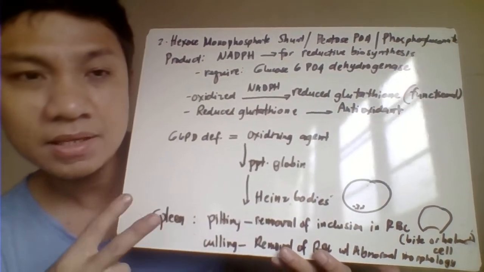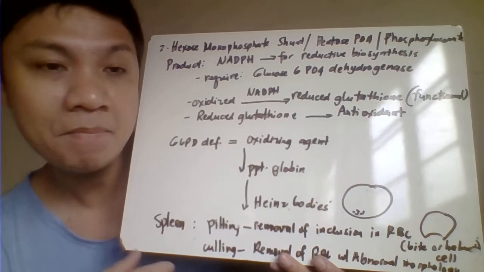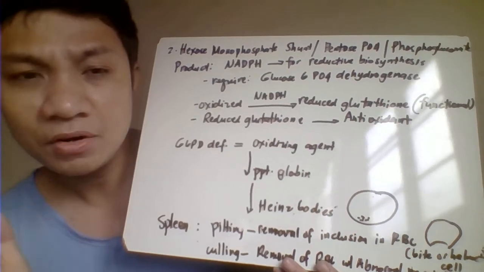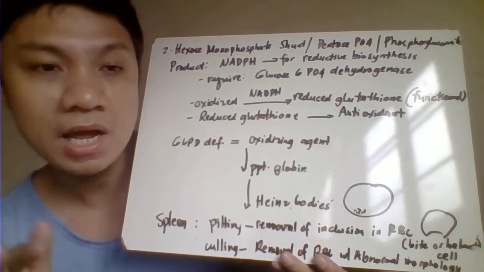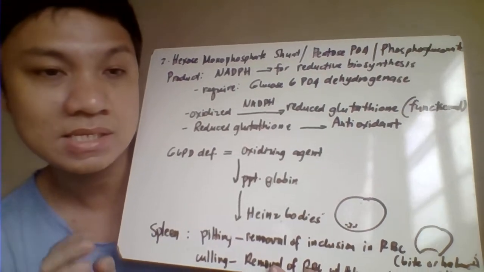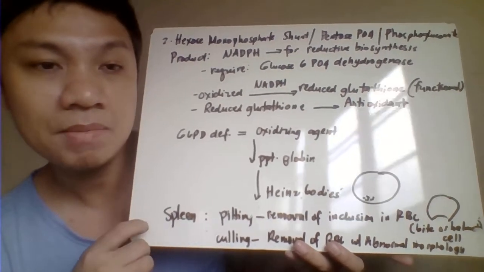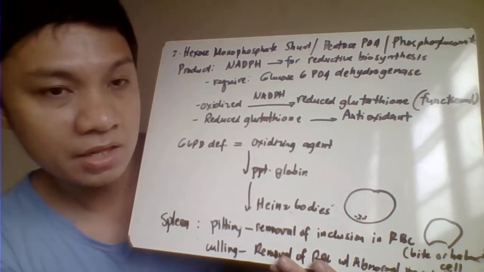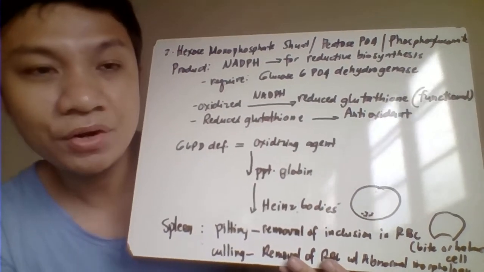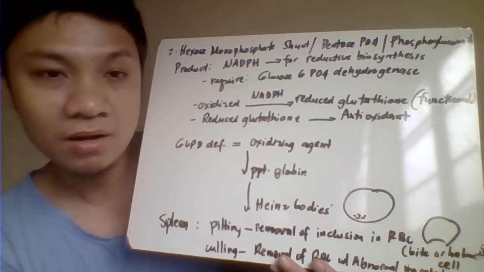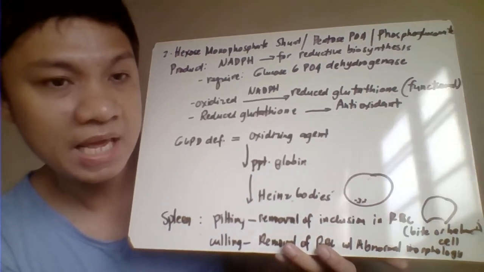Another product dito sa ating Hexose monophosphate shunt pathway would be your ribose 5-phosphate. But then your ribose 5-phosphate is utilized primarily for your nucleotide synthesis, for your DNA synthesis. Pero ang ginagamit talaga ni RBC natin with this metabolic pathway ay ang NADPH. Okay, so this metabolic pathway requires the enzyme glucose 6-phosphate dehydrogenase.